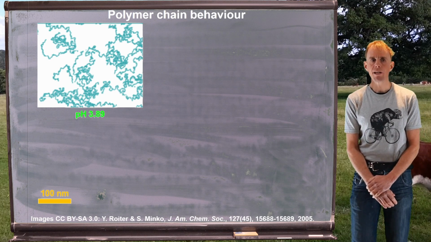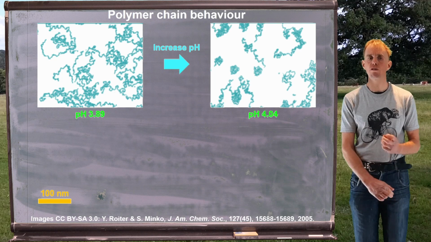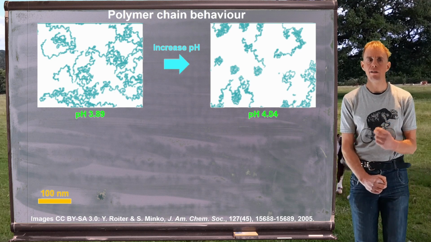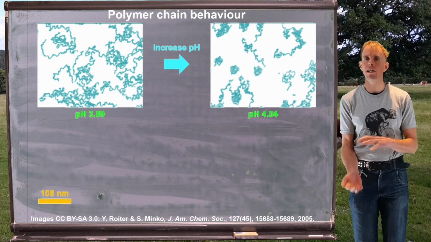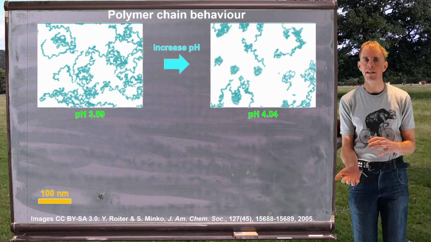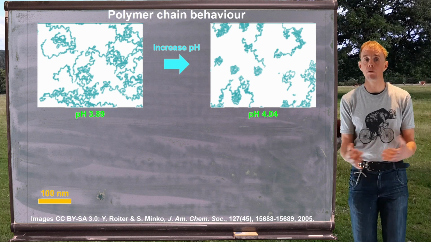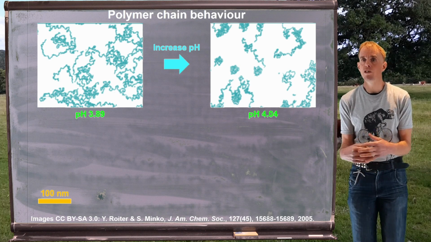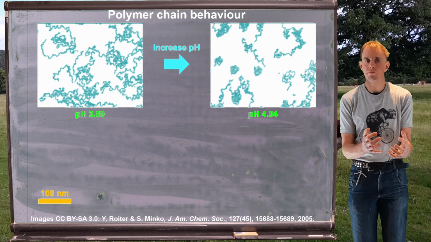However, if the pH of that external chemical environment is increased ever so slightly from 3.9 to about 4.05, there's less interaction between the monomers and their external chemical environment. The monomers start preferring interacting with themselves, and so rather than the chains being opened out, they become somewhat more compact.